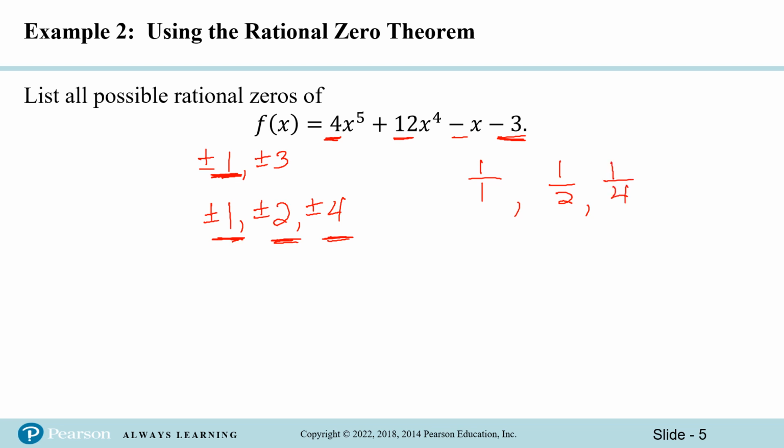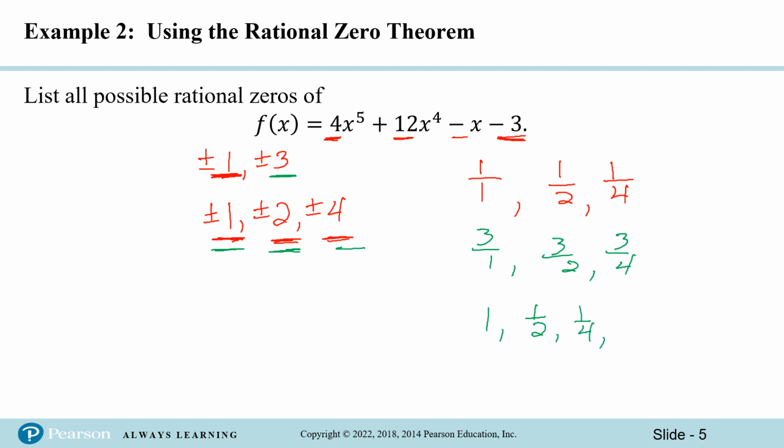Okay, then I'm not done because I still have to do my 3's. Just pick a different color. So now I need to take my 3's and divide it by each one of these. So I'm going to take 3 and divide it by 1, 3 and divide it by 2, and 3 and divide it by 4. We're going to reduce. So 1 divided by 1 is 1.